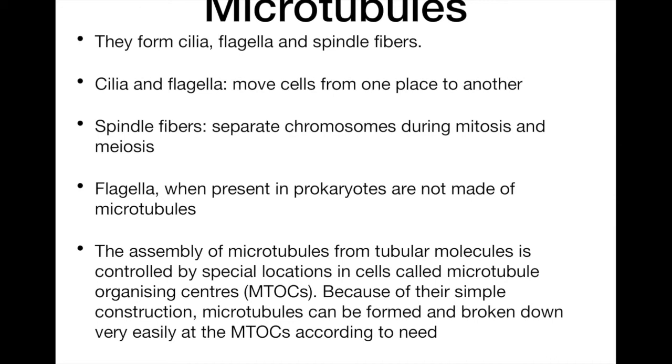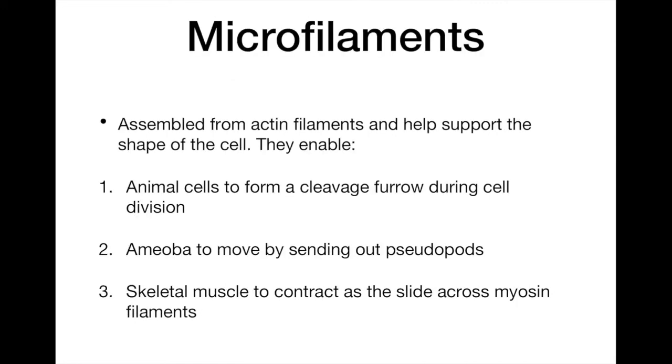During nuclear division, the spindle is used to separate chromosomes during mitosis and meiosis. Also, cilia and flagella, which move cells from one place to another, consist of 9 pairs of microtubules organized around 2 singlet microtubules.